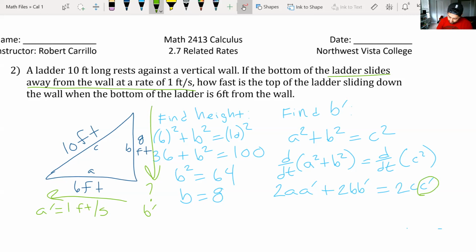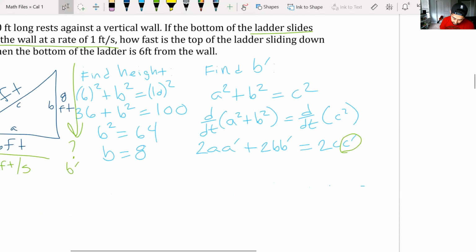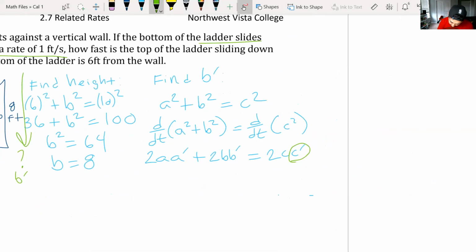Okay, so we can put that in there. C prime is 0, only because the ladder remains a constant 10 feet, no matter how it falls.